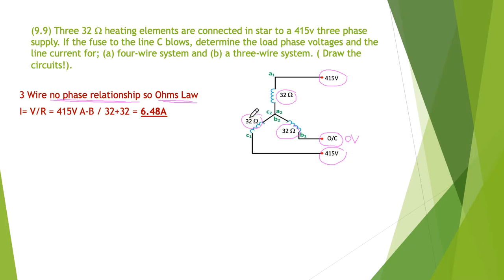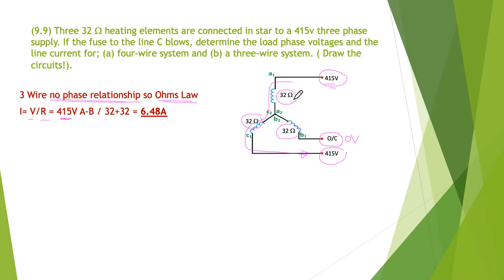So the current is simply the voltage divided by the resistance. Now the voltage across any part of the circuit, and the only part of the circuit that's actually going to have current through it, by the way, is this one here, because it's the only one that has voltage across it. So the voltage across there is 415 volts, A to B, 415 volts.